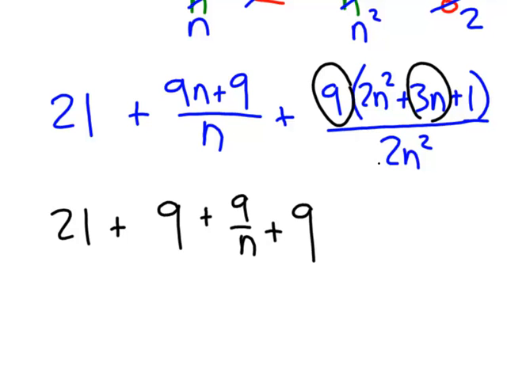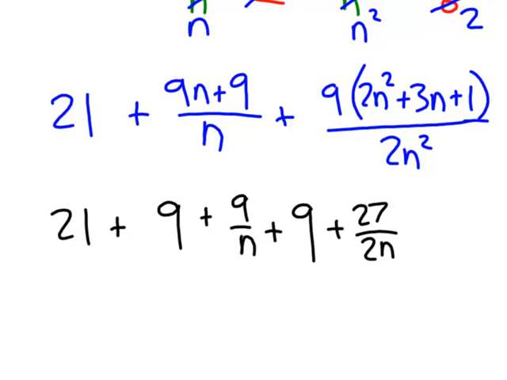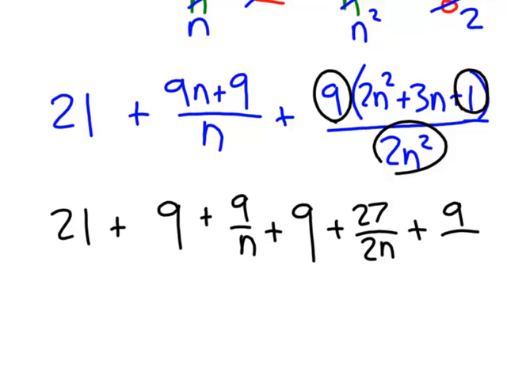Distributing 9 times 3n over 2n squared, that will reduce to, let's see, 27 over 2n. Notice that I divided out an n in that term. And finally, 9 times 1 over 2n squared gives us 9 over 2n squared.